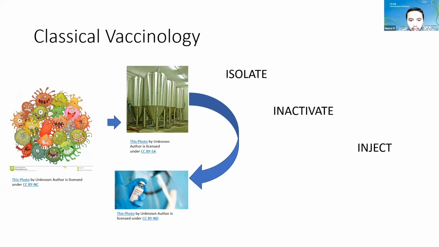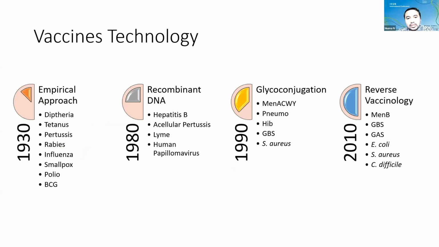Starting from 1930, as the first foundations of classical vaccinology, many diseases were treated using the empirical approach, such as diphtheria, tetanus, pertussis, rabies, influenza, smallpox, polio, BCG.